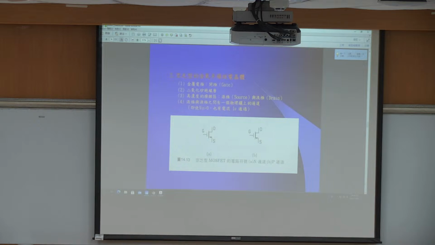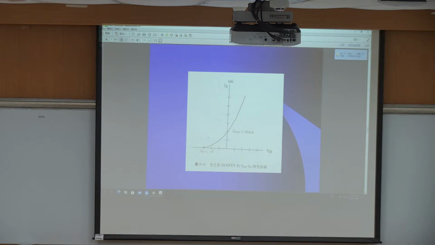But there is a physical N channel that exists between the source and drain. Even if we didn't add any VGS, there will be a current ID flowing through the channel if we add a voltage on the drain side. So the ID to VGS curve has a little bit of shift, as we can see in this figure, because even though we haven't added any VGS, there is a current ID.